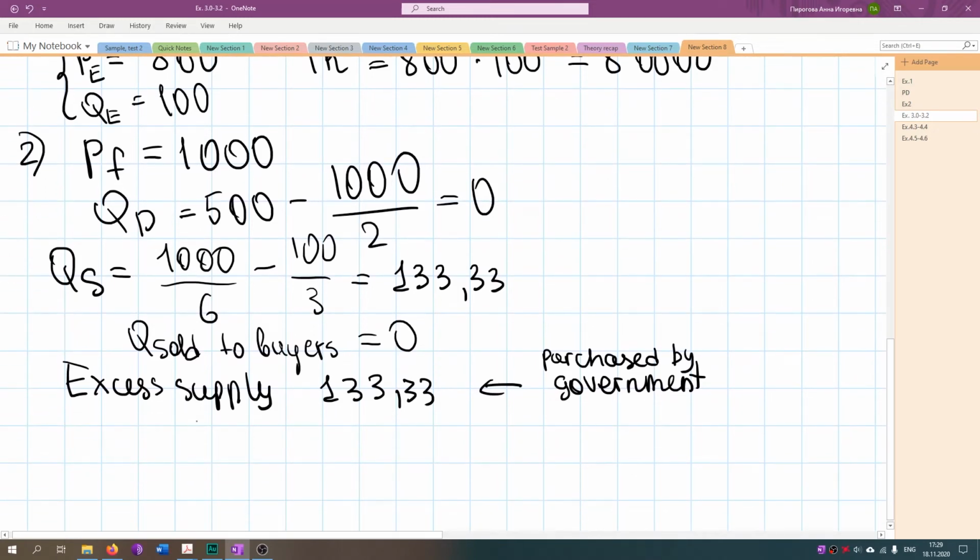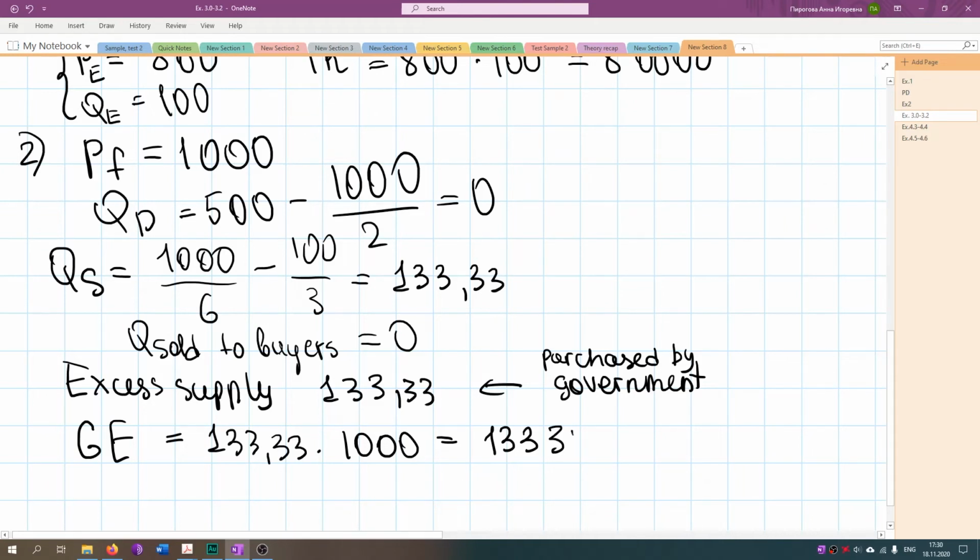So, government expenses: we multiply the quantity bought by government by the price of 1,000 and get 133,330.